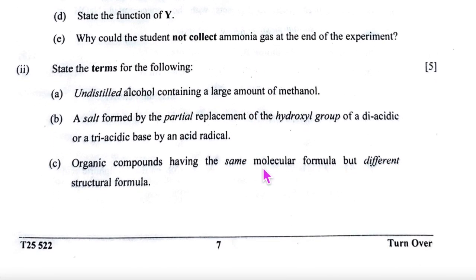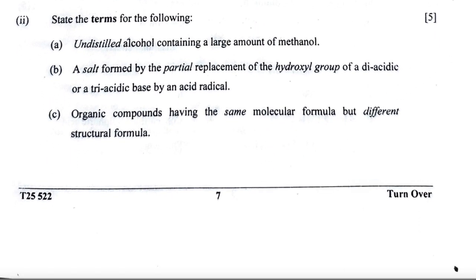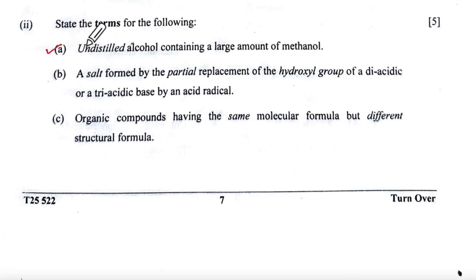Let us look at the second part of question 2. It's again a 5-mark question, and you have to just state the term. A. Undistilled alcohol containing large amount of methanol is the methylated spirit.